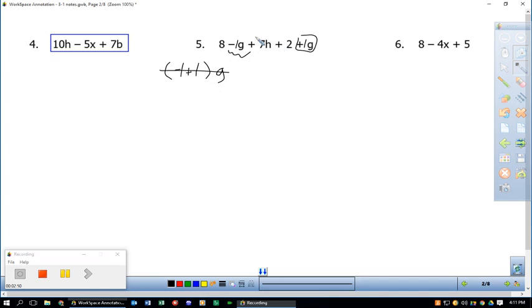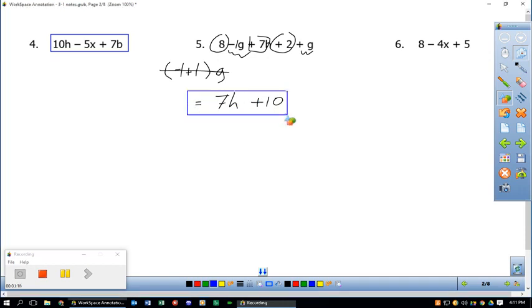Next we've got, I shouldn't have boxed that in. So next we have the h's. We have 7h, so plus 7h, so we'll just bring that down. 7h, and then we've got 8 plus 2, which is 10, so positive 10. So our answer is 7h plus 10.